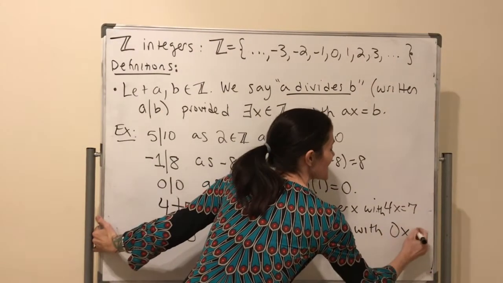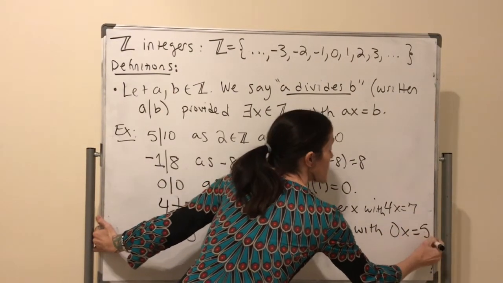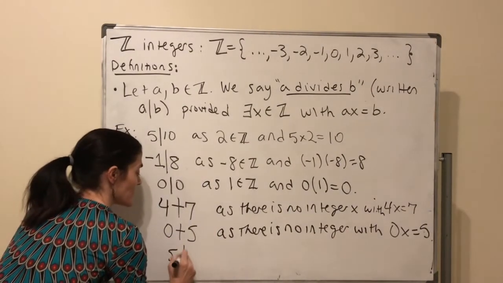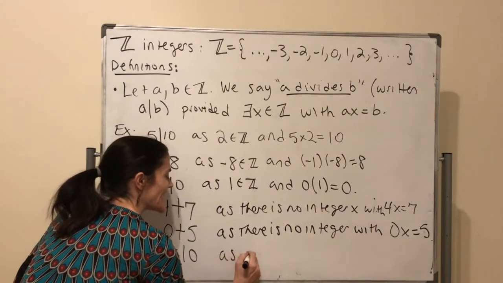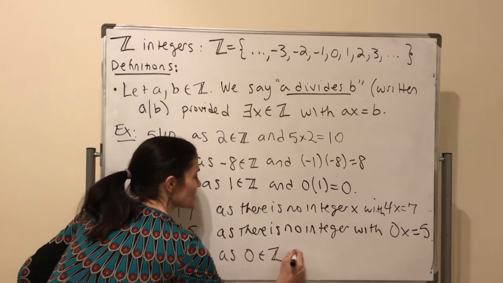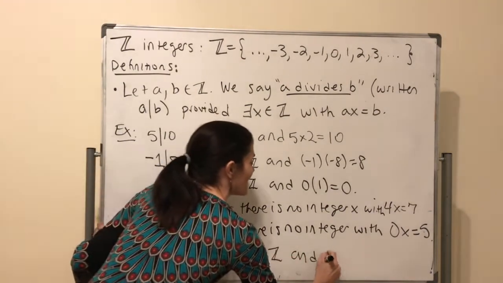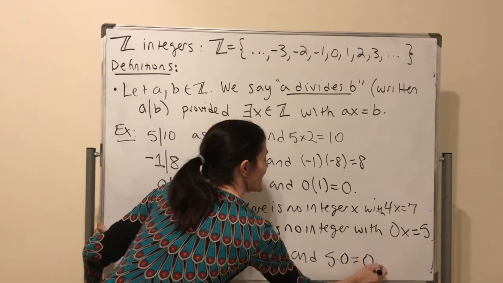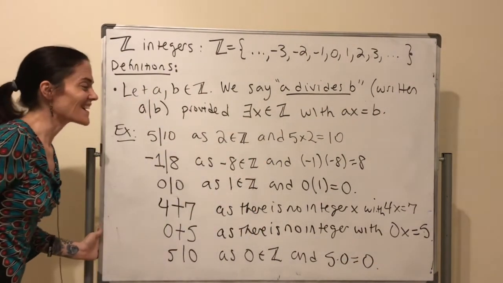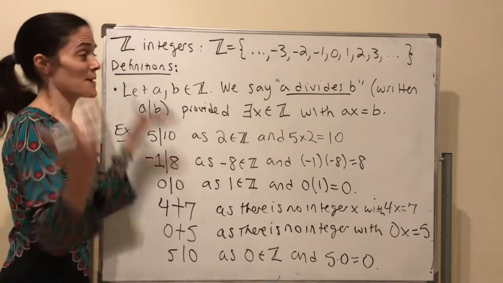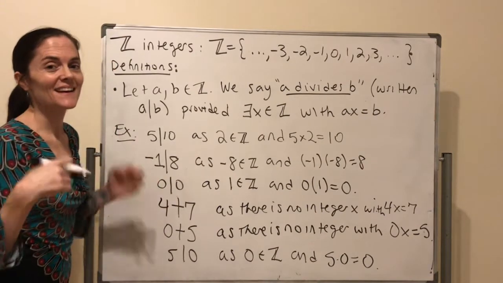We have no integer like this. But it is the case that 5 divides 0, as 0 is an integer and 5 times 0 is 0. So here are just some examples thinking about this a divides b definition.